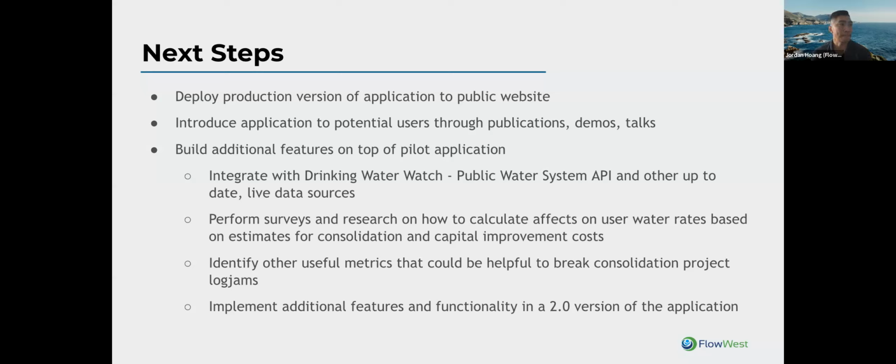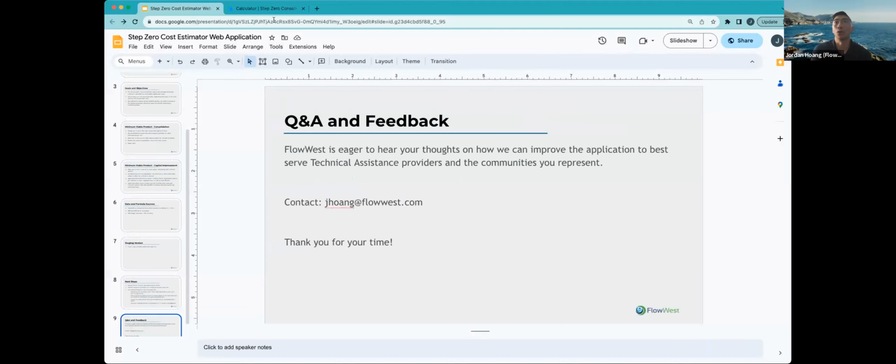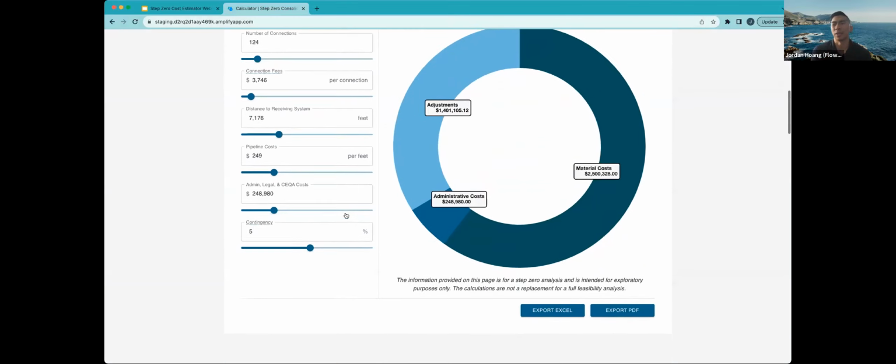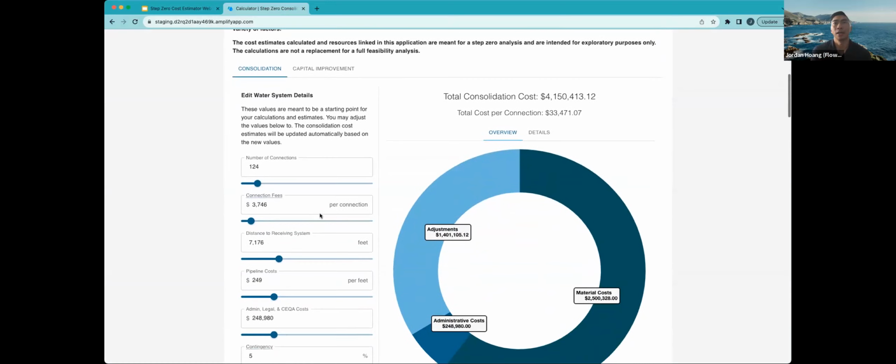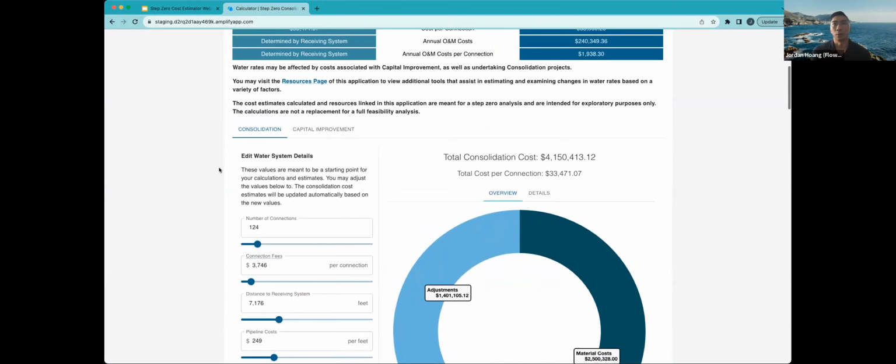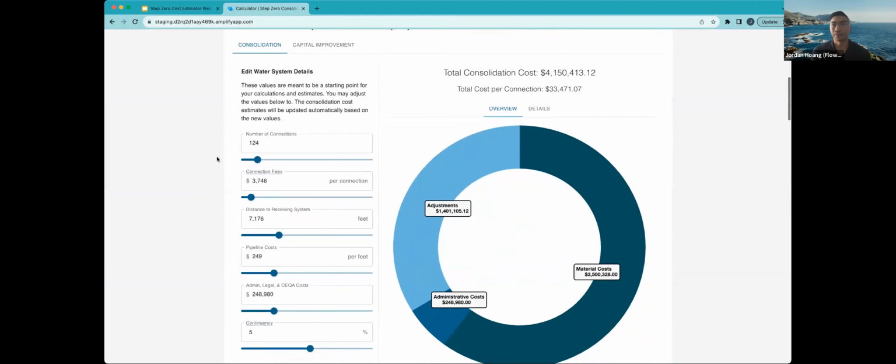And Rob, I see your comment. I know there's been feedback about maybe having the ability to store an estimate and either come back to it later, or build on that and do multiple estimates at once.